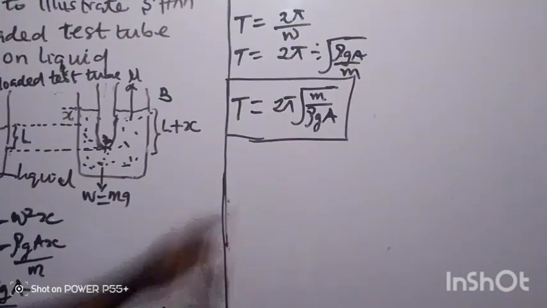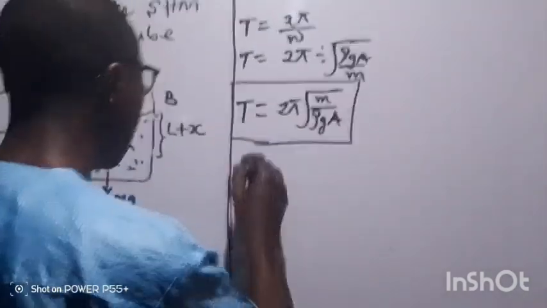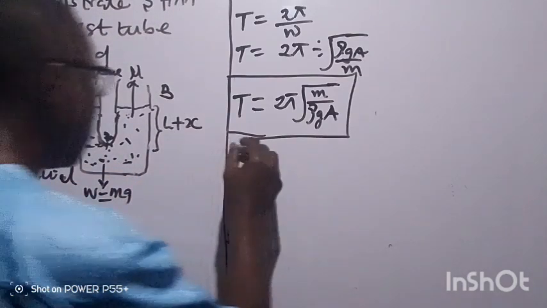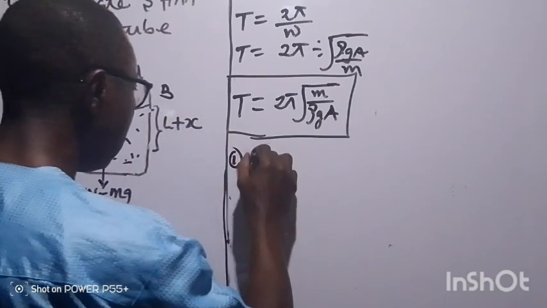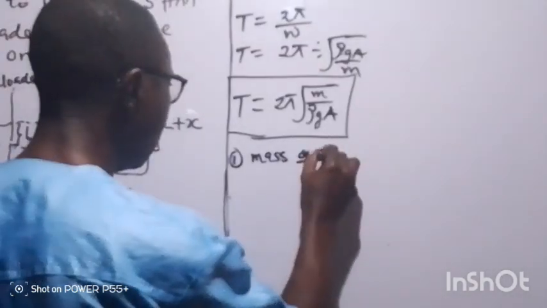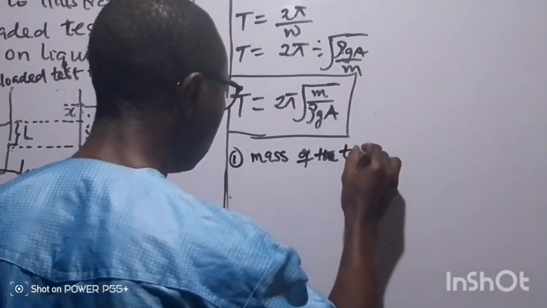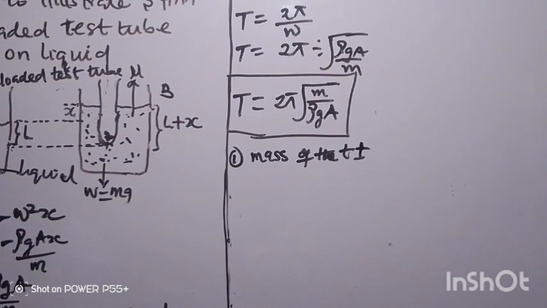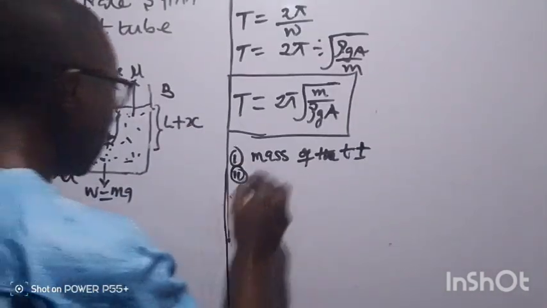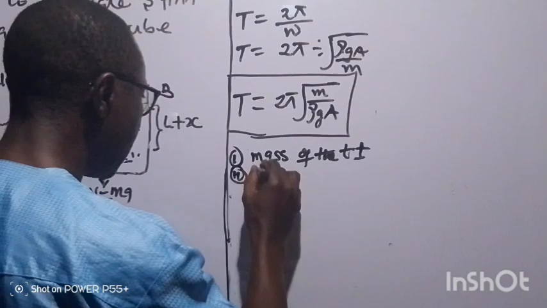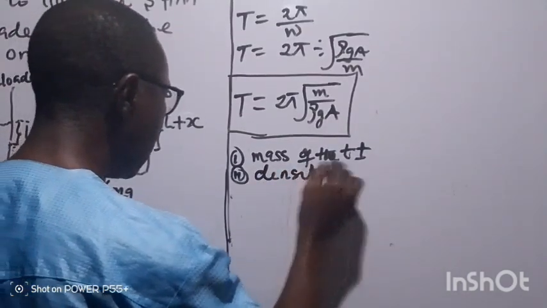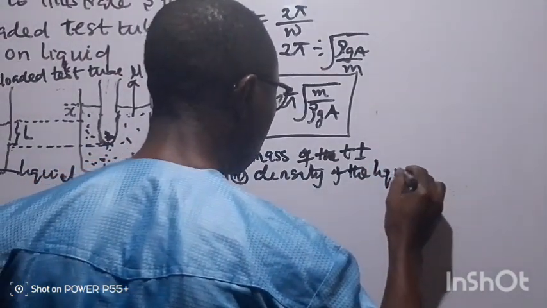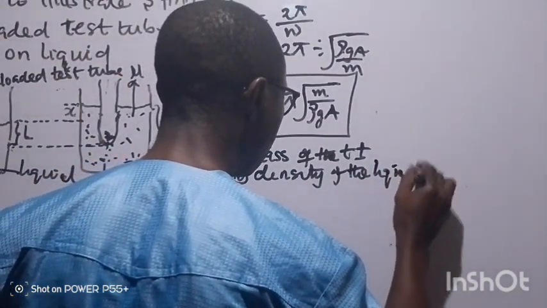From the formula, we can now say that the period of a loaded test tube placed on liquid depends on: 1. Mass of the test tube and the content. 2. The density of the liquid. 3.